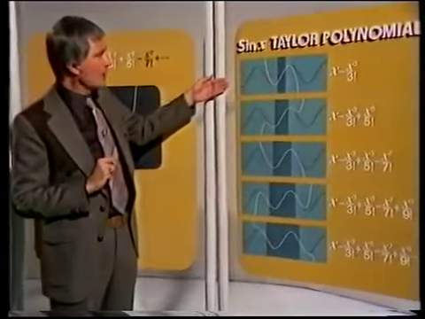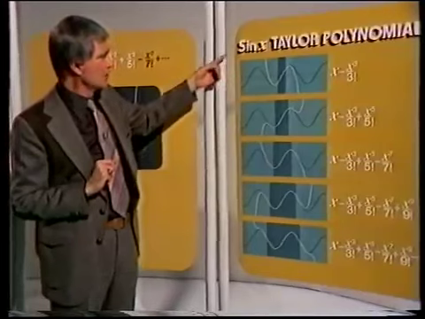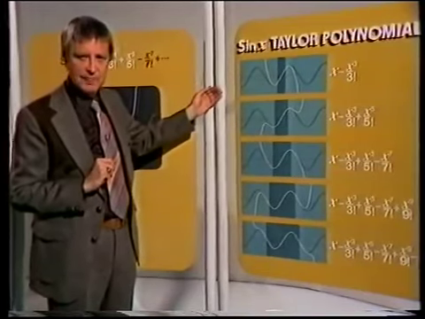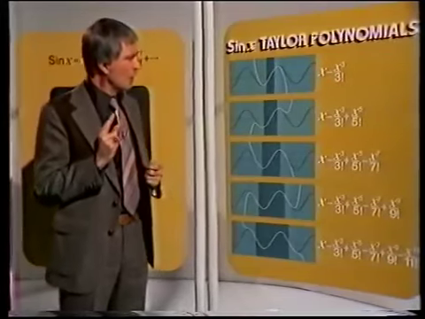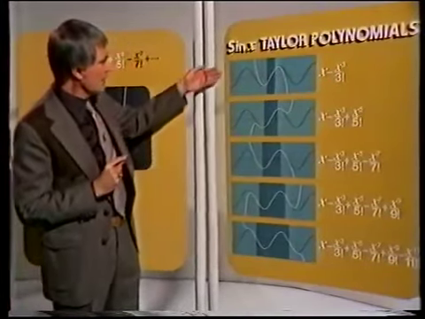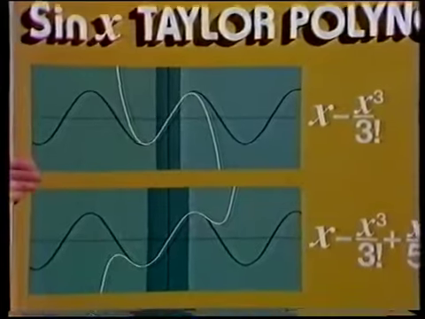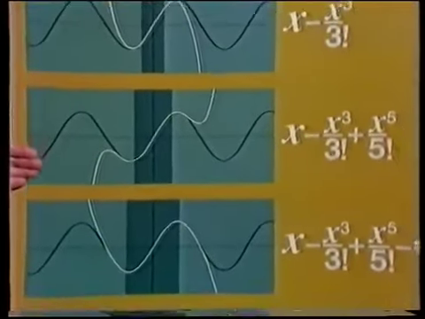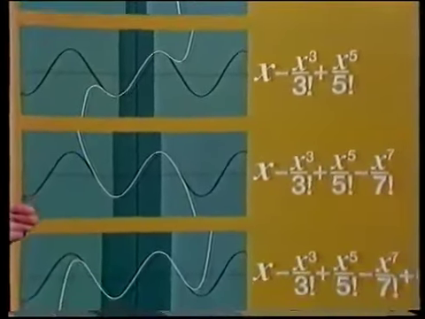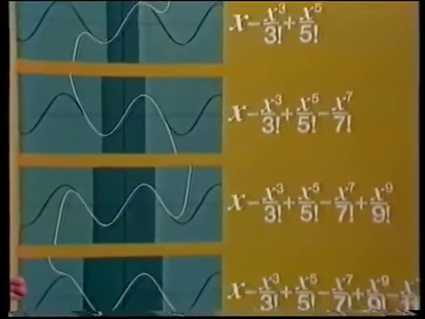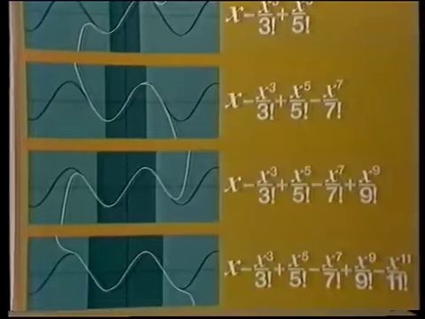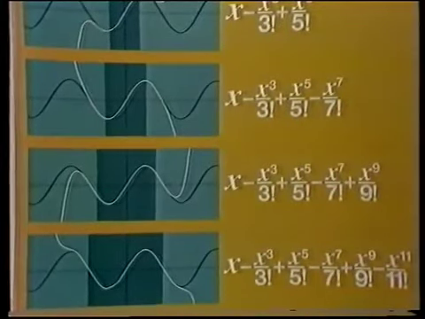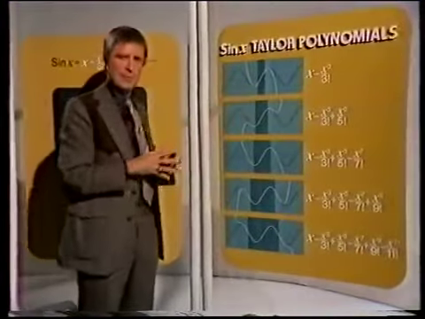Over here we have graphs of the Taylor polynomials for the sine of x. Now these pictures show us 2 things. First of all, notice that as the degree of the Taylor polynomial increases, the graph becomes a better approximation to the sine curve. Now the other point that these pictures show is indicated by the shaded region.